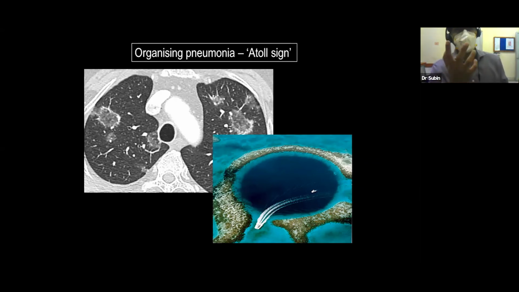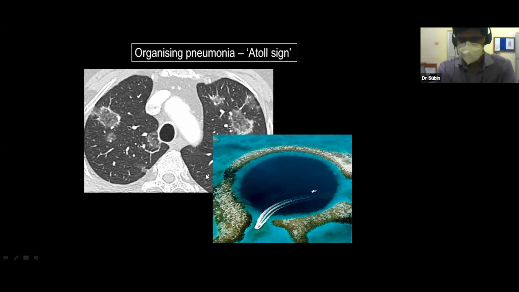For example, you have a peripheral area of consolidation that's been staying for some time, and you do a biopsy of that, you can have an OP pattern in pathology. It doesn't mean that it is COP, cryptogenic organizing pneumonia. It may be related to some viral, fungal or bacterial infection. It can sometimes be related even to radiation. Drugs also can cause this OP pattern. So OP is a very varied pattern.